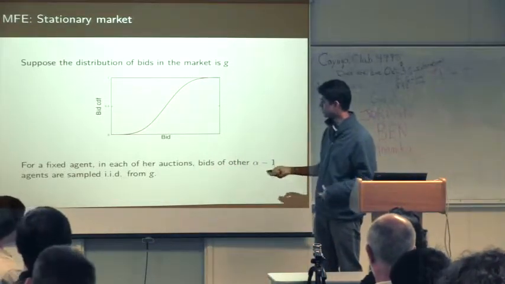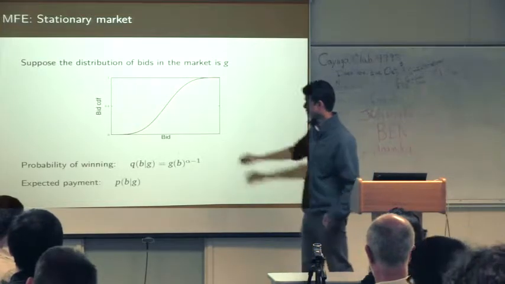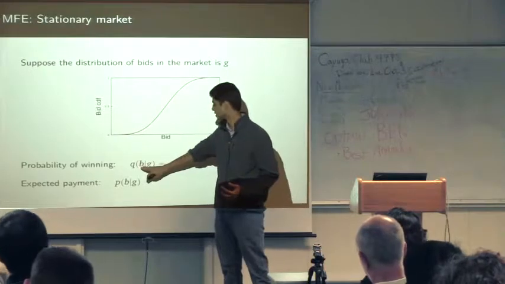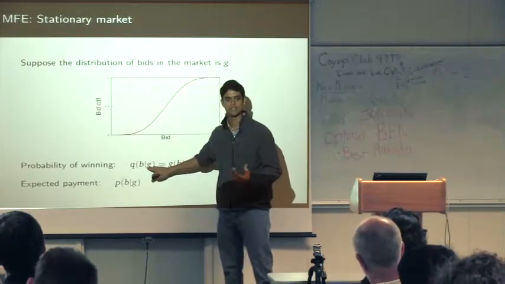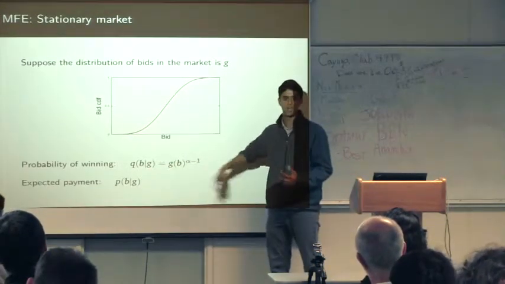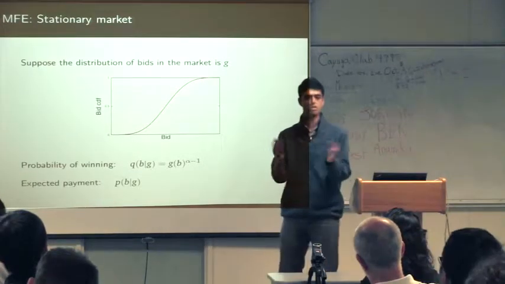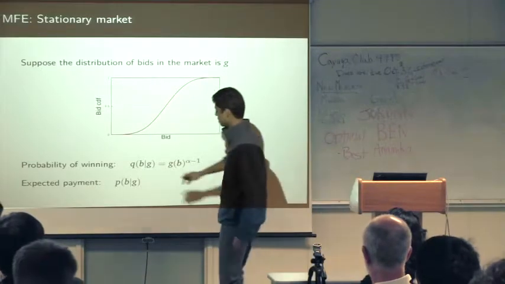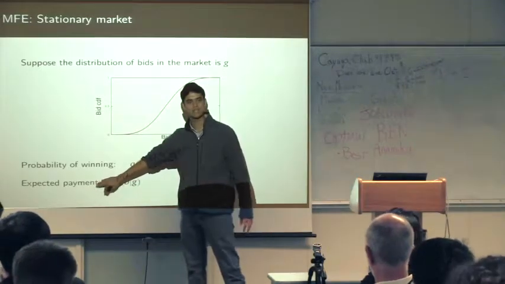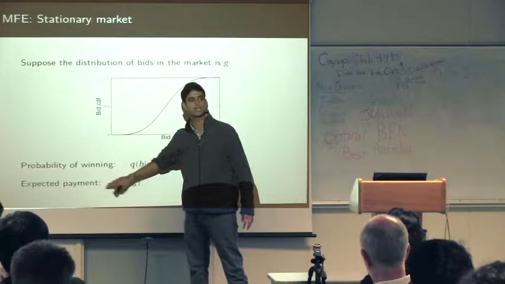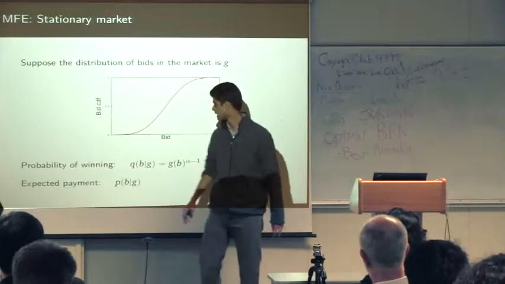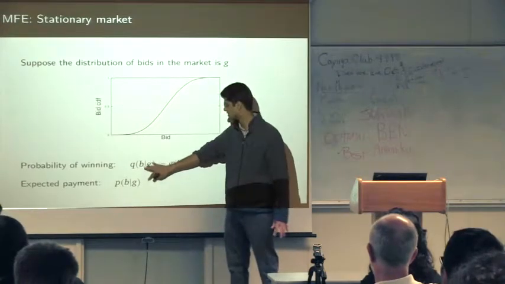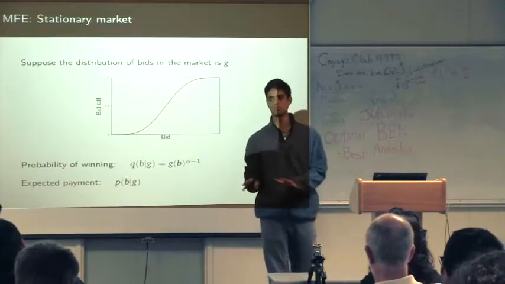So what this means is that if the bidder makes a bid B, the probability that they will win the auction is just the maximum over alpha minus 1 other bidders. And similarly, using the fact that it is a second price auction, we can write down their expected payment given a particular bid B. This is a more complicated expression, but the thing to note here is that these two quantities are completely determined once you specify what G is.